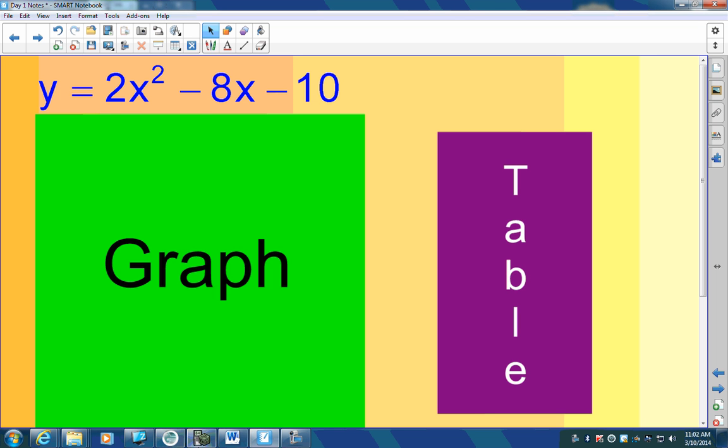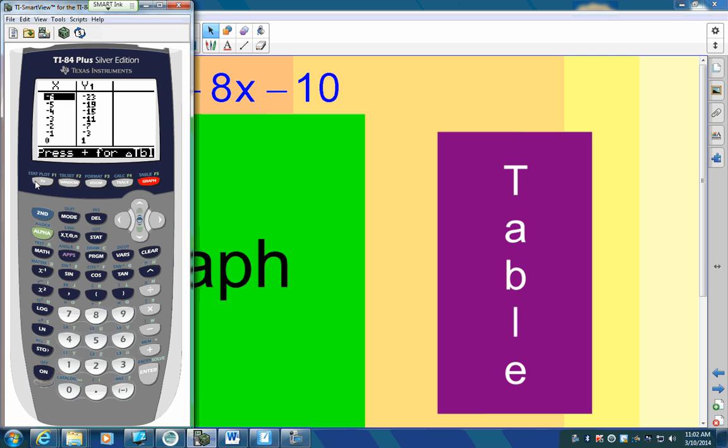So I want you to go into your handy dandy calculator and put in there 2x squared minus 8x minus 10. I want you to press second graph and fill in the table that it gives you on the paper in front of you. Then fill in the table and graph those points. Please do that now.